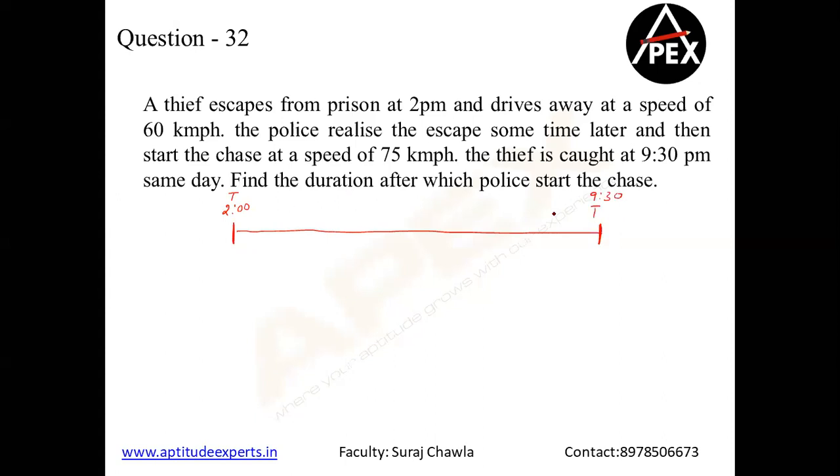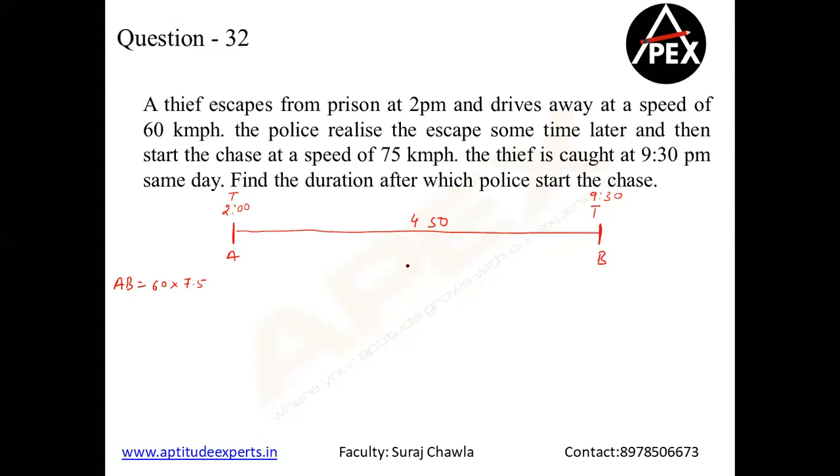So we can say the thief has run from this point, let's say A to B. I can define my distance AB as 60 into 7.5 hours. Clear? So 60 into 7.5 will be how much? 450 kilometers. This is the distance.